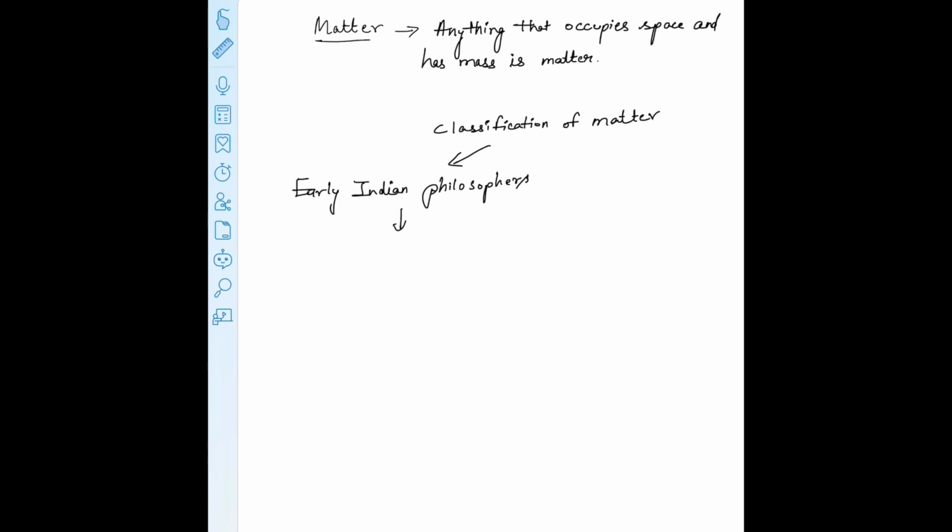Matter can be classified in many ways. Early Indian philosophers classified matter in the form of five basic elements, and they are also known as the Panch Tattva. And they are air, earth, fire, sky, and water.